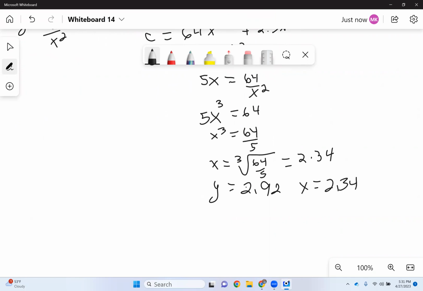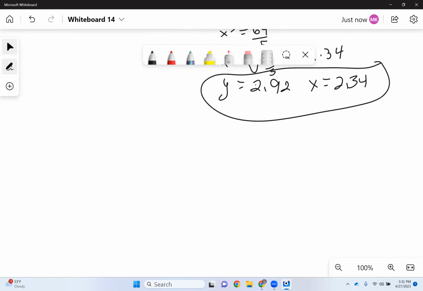Now let's look at the question again. That was number 21. What are the dimensions of the crate that minimizes the cost? So here they are. The base is 2.34 times 2.34, and the height is 2.92.